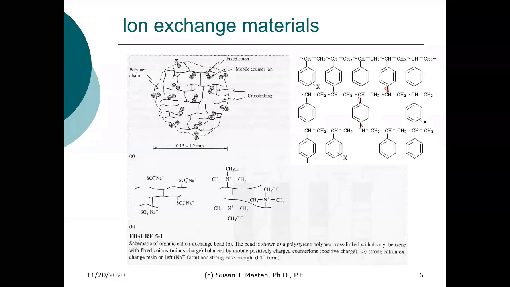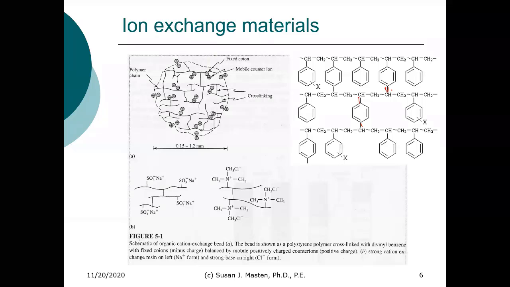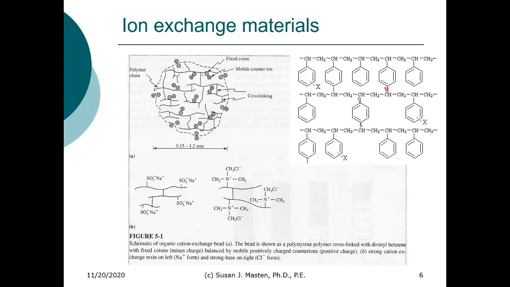So you've got a carbon-carbon bond here, and this creates this kind of structure that you see here, and this cross-linking. And the degree of cross-linking can vary, and that changes the behavior of the ion exchange resin material.